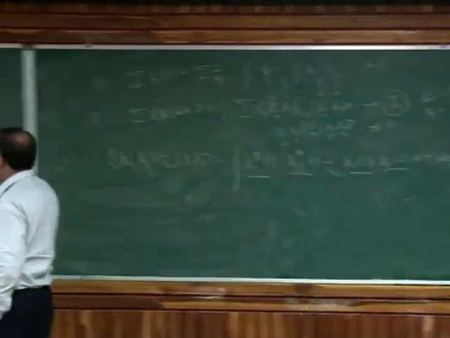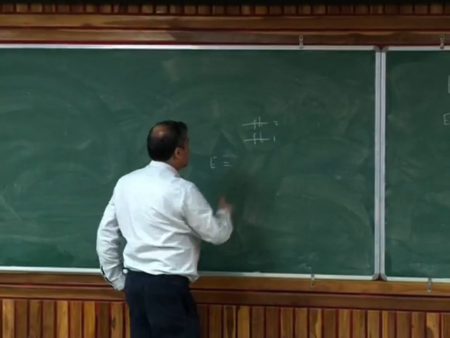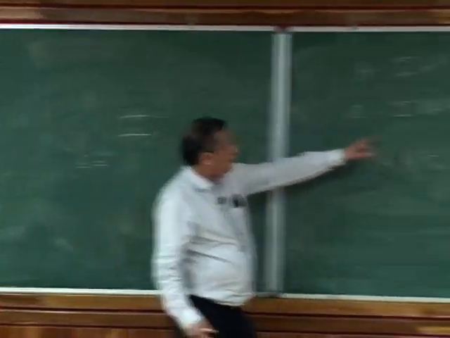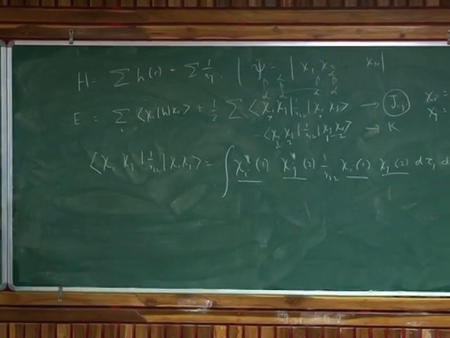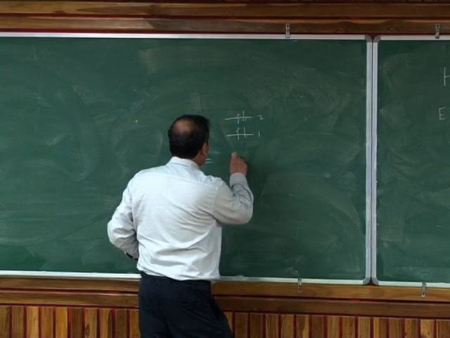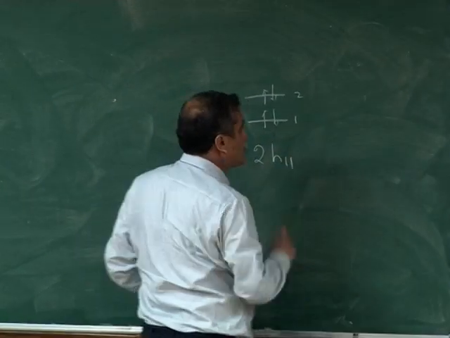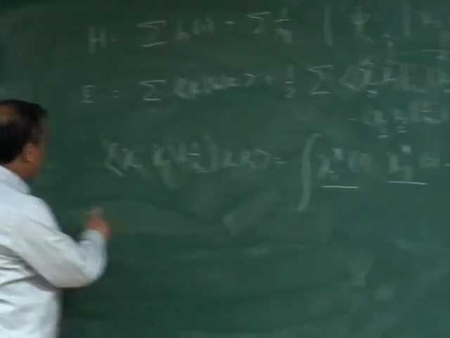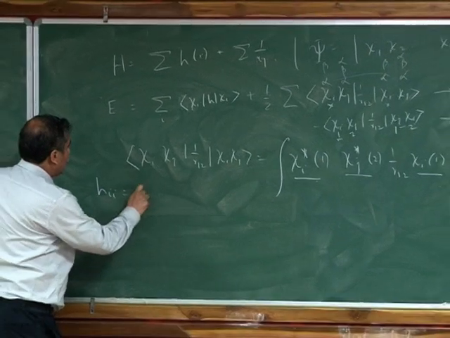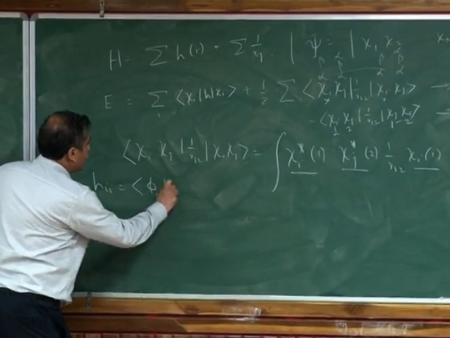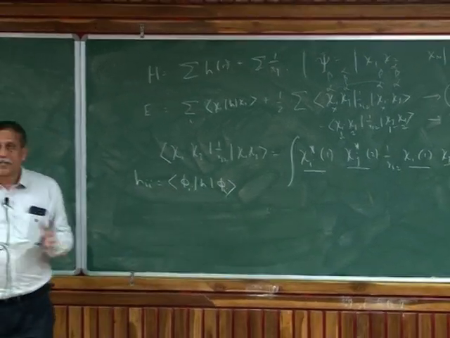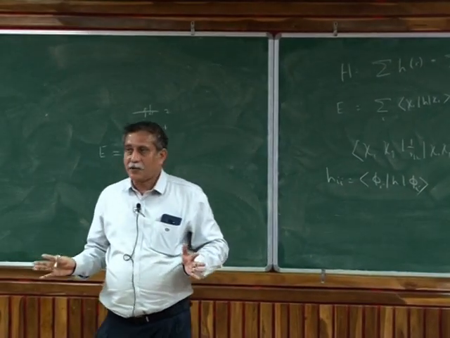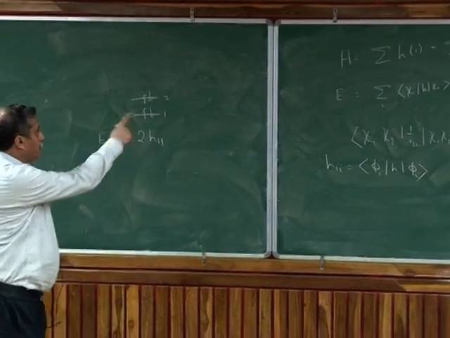If I use this notation, what would be the energy for this? First, of course, the 1 electron part. If I do the spin integration, it's all occupied, so this will have 2 times H11. Again, I am using a simple notation where H_ii is in terms of spatial orbitals, phi_i H phi_i. Please note that I am not writing chi because spin is now integrated. I am writing only in terms of spatial orbitals phi.